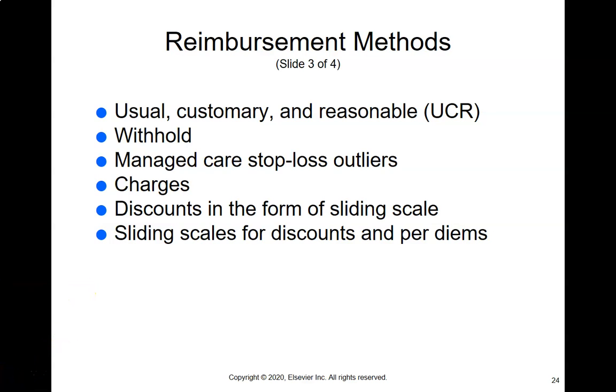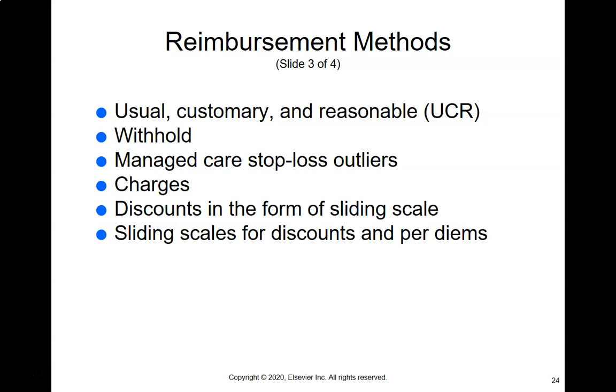Usual, customary, and reasonable, the UCR, withhold, managed care stop-loss outliers, charges, discounts in the form of sliding scale, and per diems.